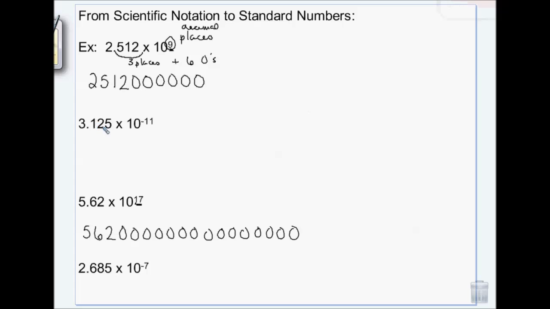It's a little different with a negative exponent. What I do is I write what's after the decimal, and then I start counting with the first number and I go backwards. So I go 1, 2, 3, 4, 5, 6, 7, 8, 9, 10, 11.